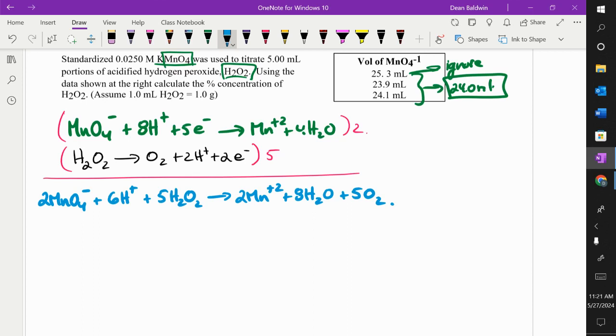That's the overall reaction. And you can see it matches up because we said it was acidified hydrogen peroxide, and we know it's acidified because we have the H+ here.